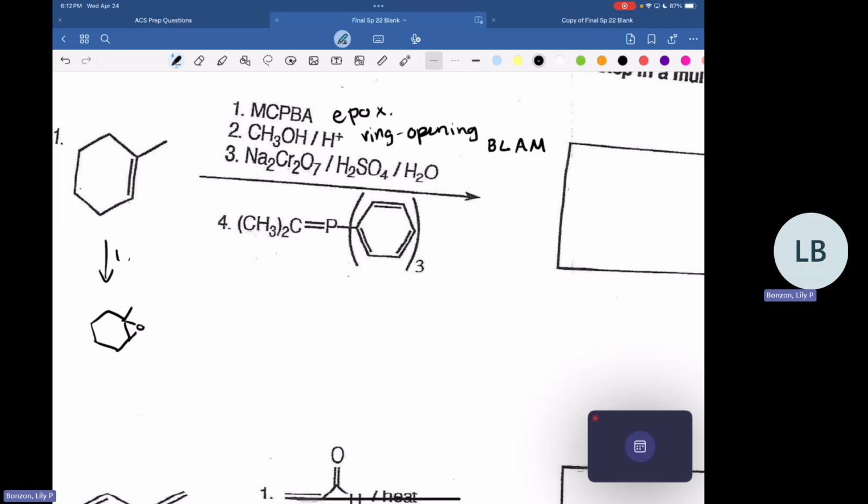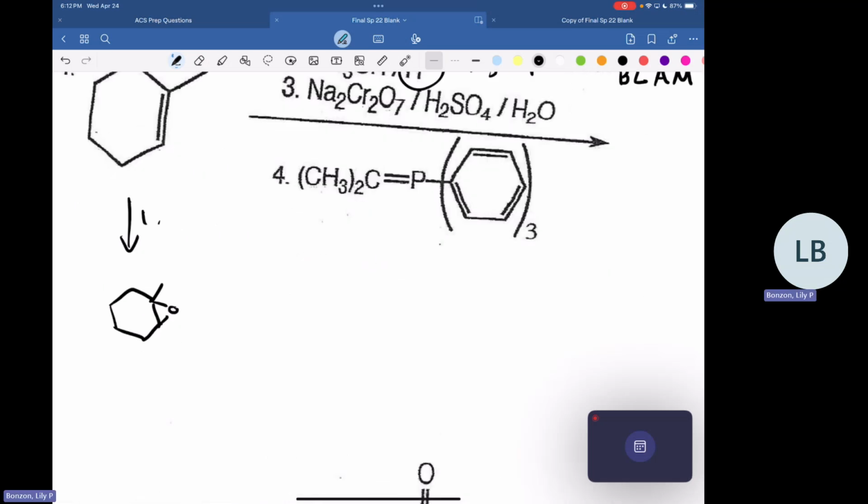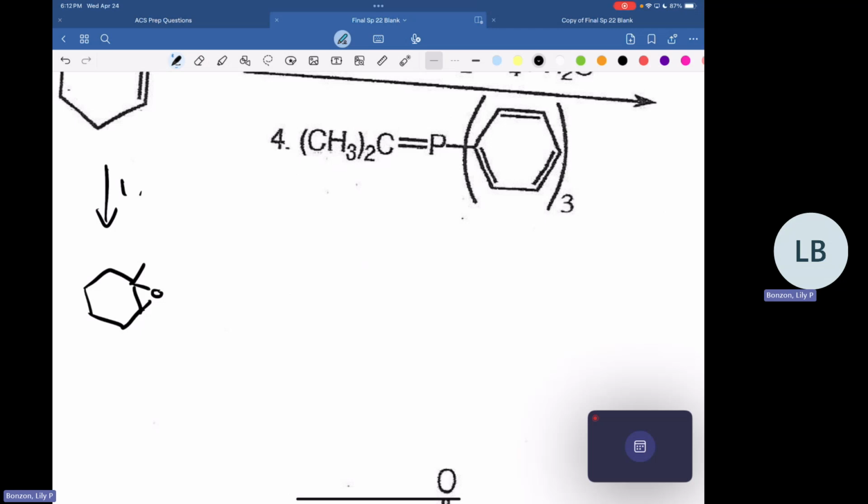That tells you where the nucleophile is going to attack. In this case, since we have acidic conditions with H+, our CH3OH is going to attach itself to the more substituted position, and that's going to kick the epoxide to the other side. So it's going to attack at the more substituted position, and that's going to kick the epoxide out.